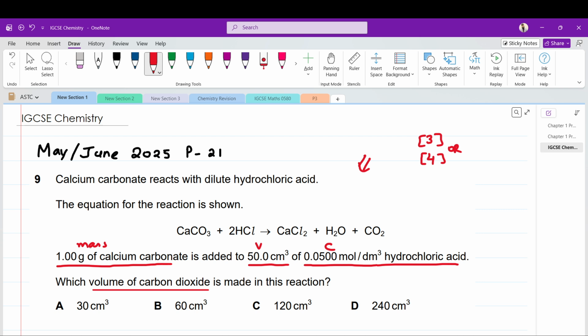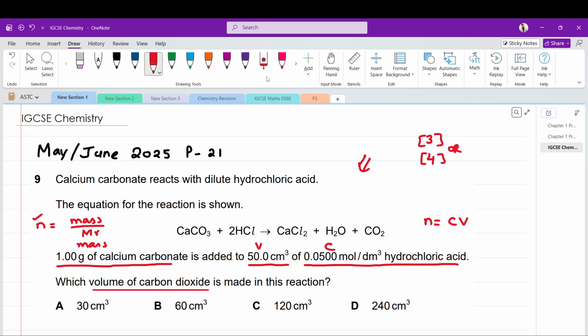There is only one formula related to mass, that is n equals mass upon Mr, where mass is the mass of the substance, Mr is the relative molecular mass of that substance, and n represents the moles. On the other hand, we have the concentration and volume of an acid, so here we use the formula n equals CV.